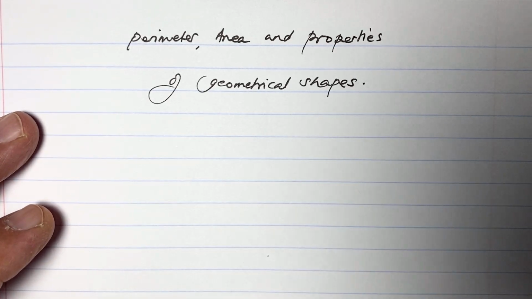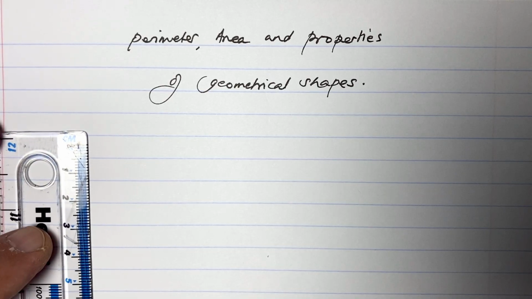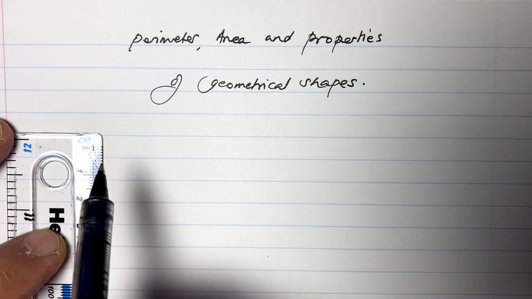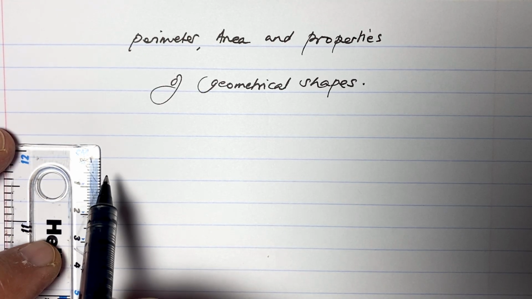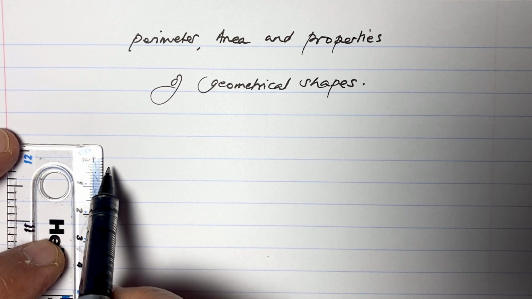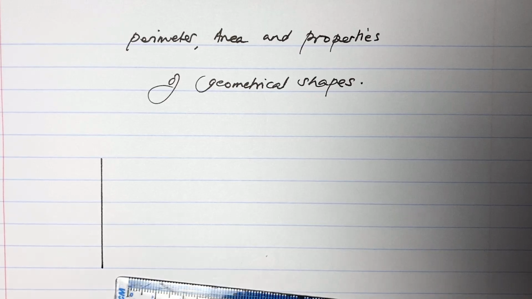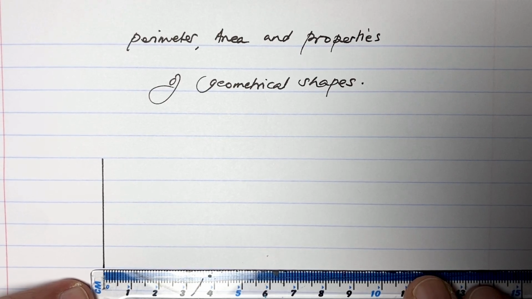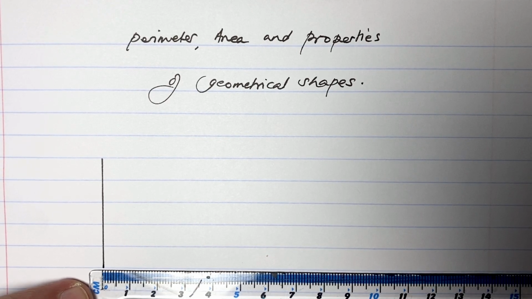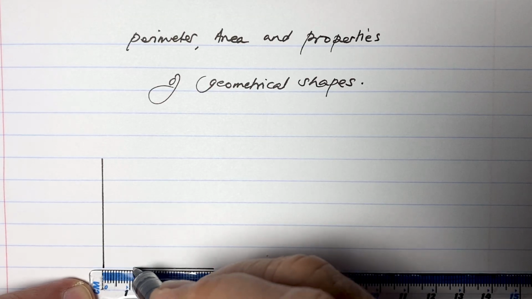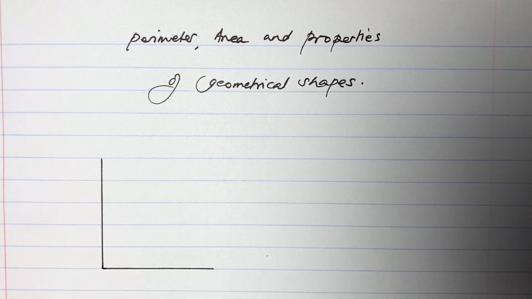The first shape I'm going to start with is the square. We know a square has 4 equal sides at right angles. I'm just trying to draw a square as best as I can.